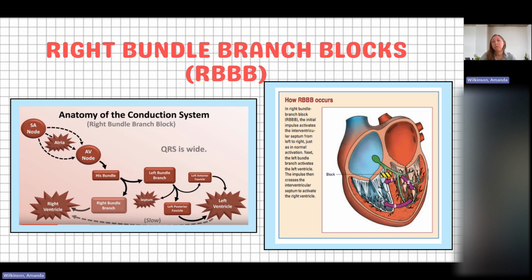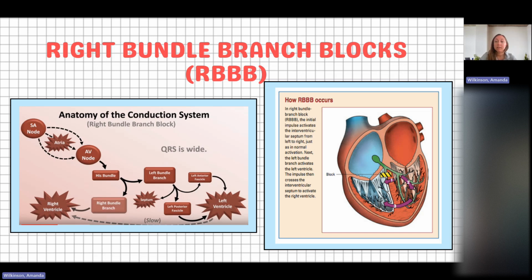So in right bundle branch block, the initial part of the conduction is still normal. The impulse travels from the AV node through the left bundle branch. So it activates the interventricular septum from left to right, instead of right to left as in left bundle branch block, and then it activates the left ventricle. The problem here is the right bundle branch is blocked, so the right ventricle doesn't receive the impulse through the normal fast conduction system.